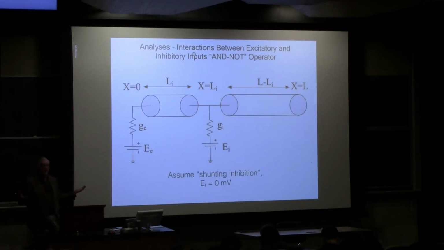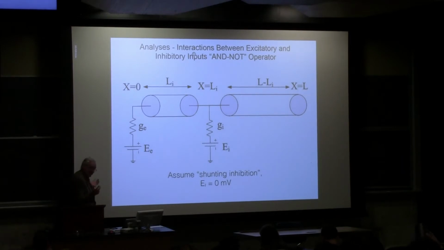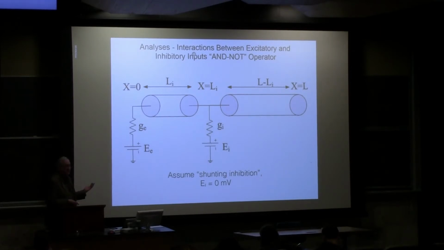So that's pretty clear intuitively. So how do we get an and-not operator out of this? Well, this synaptic input has an influence on the soma only if it is on and this input is not on.